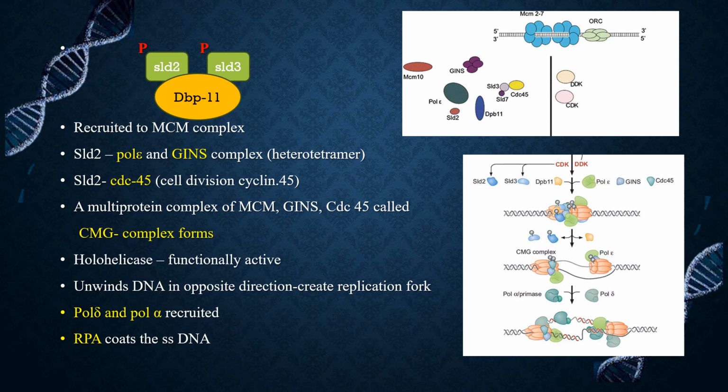The GINS complex is a heterotetramer containing 4 subunits, and a multi-protein complex of MCM, GINS, and CDC45, called the CMG complex, forms. It is a holohelicase and functionally active. They start unwinding the DNA in opposite directions to create a replication fork. Additionally, Pol delta and Pol alpha are recruited to the DNA, and RPA coats the unbound single-stranded regions of the DNA.